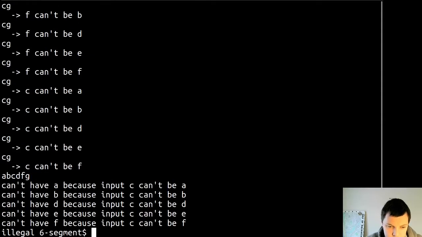Well, okay. CG is, so the number 1 has the segments CF. So I don't know why it thinks C can't be F when it sees CG. Because, so it's saying when it sees CG, C can't be A, B, D, E, F.